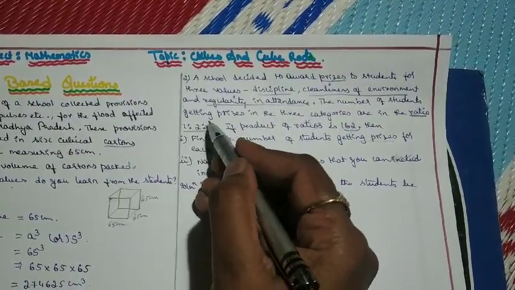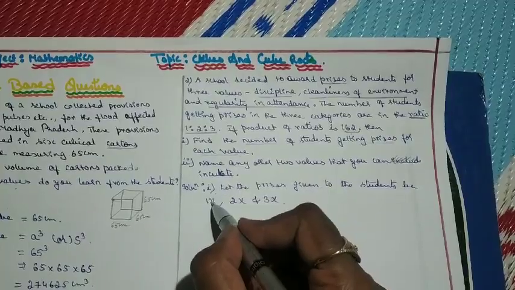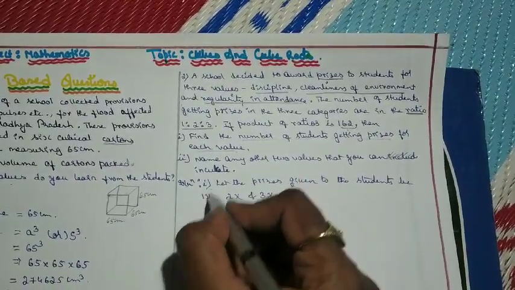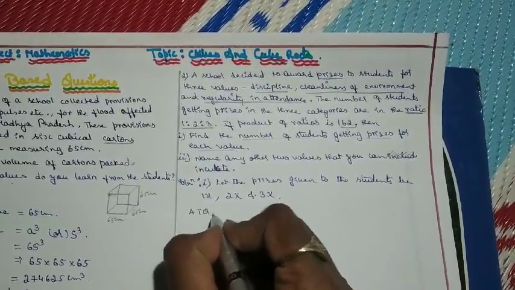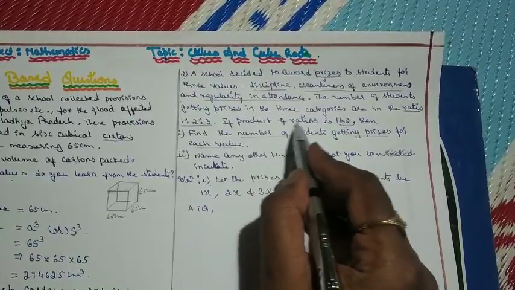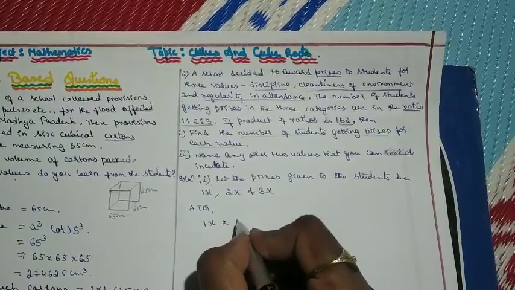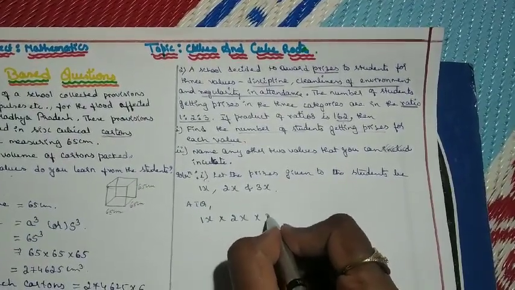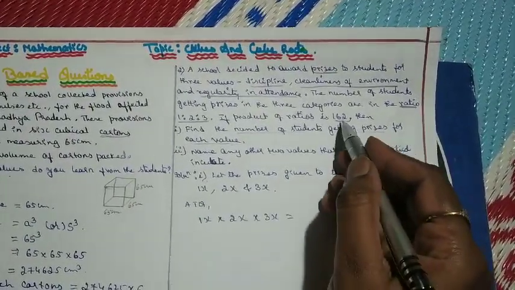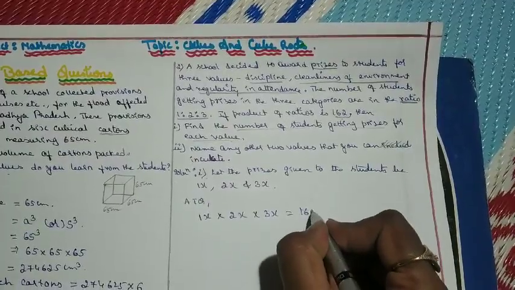I am removing the ratio by taking one constant, that is x. Then according to question, what is the question? Product of ratios. So product of these answers, 1x into 2x into 3x equal to 162.